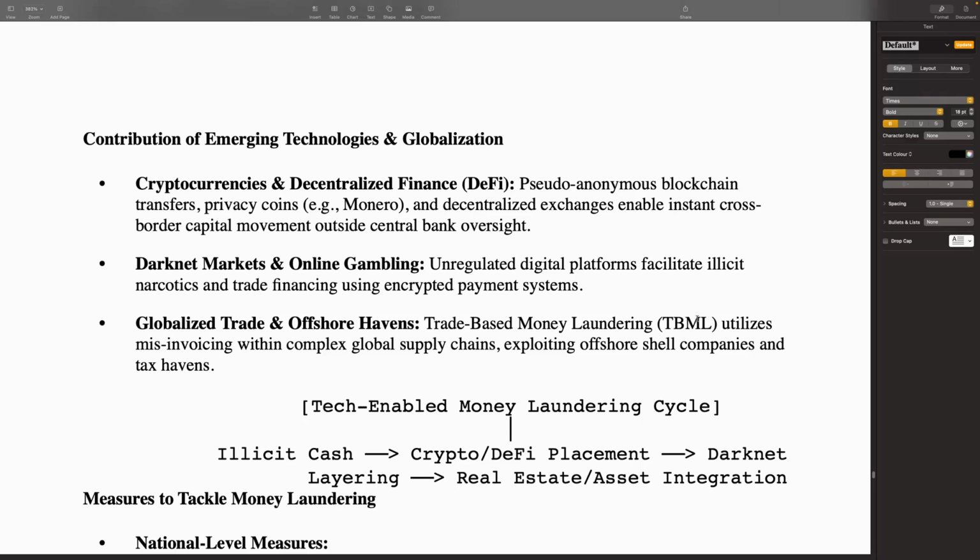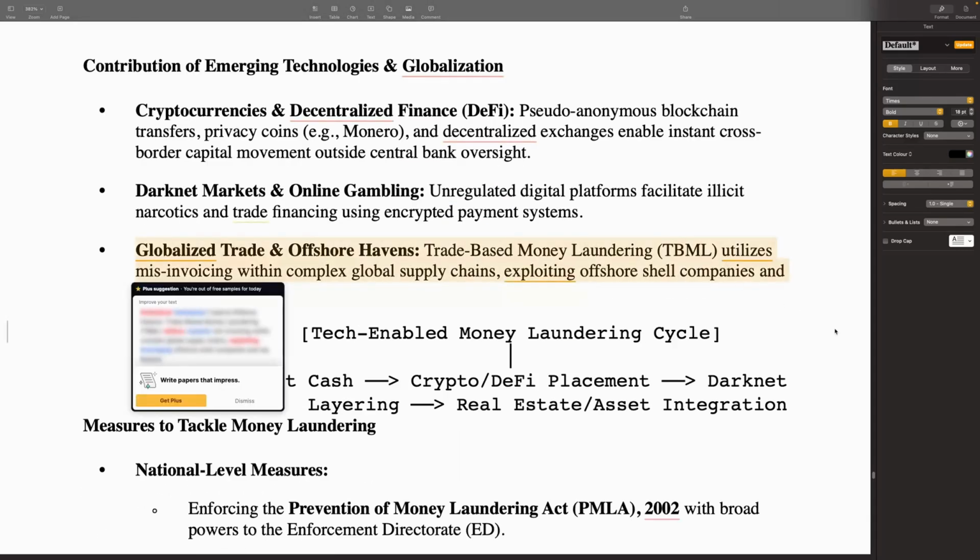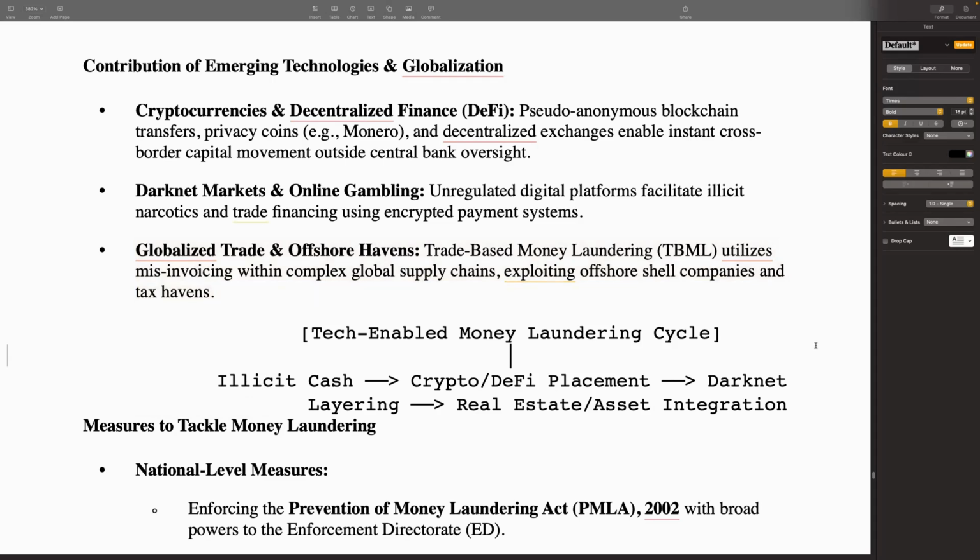Contribution of emerging technologies and globalization. Cryptocurrency and decentralized finance: pseudo-anonymous blockchain transfers, privacy coins, and decentralized exchanges enable instant cross-border capital movement outside central bank oversight.